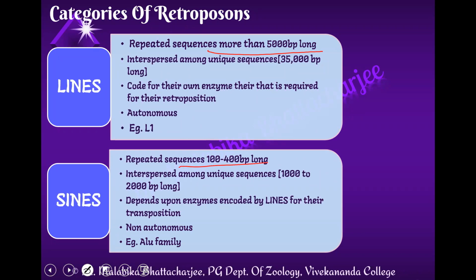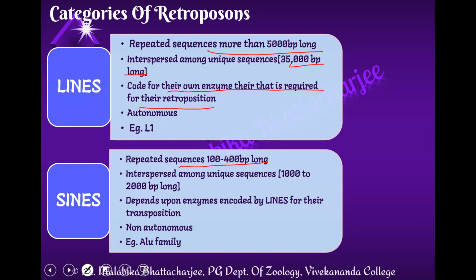When we talk about LINEs, they are around 35 base pairs long. They can code for their own retroposition, so they are autonomous elements. In the previous class, I said that some DNA elements which can move can code for their own transposase gene, whereas some DNA elements that can move cannot code for their own transposase gene.